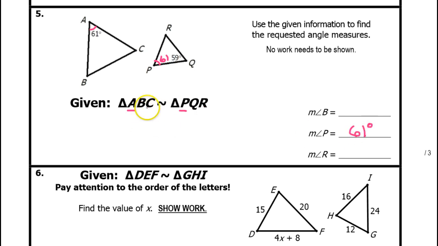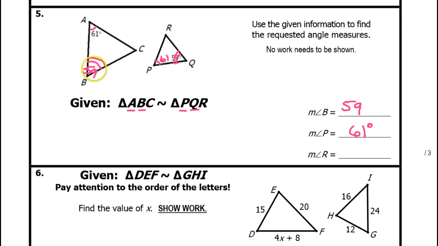Angle B and angle Q are in the same position, so B and Q are corresponding. That means angle B must be 59. That leaves angle R and angle C, which must be corresponding, and I can subtract from 180.